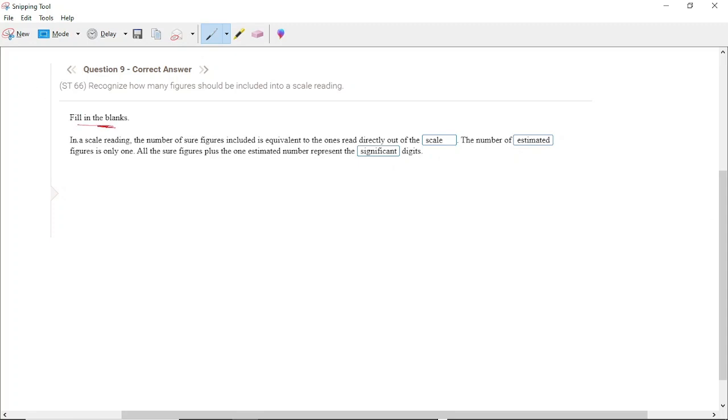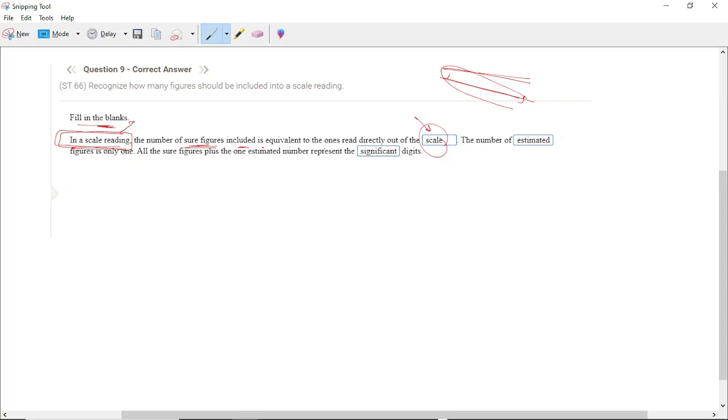Fill in the blank. In a scale reading, that means I'm using a scale like a ruler, the number of sure figures included is equivalent to the ones read directly from the scale. Say I have a rod here, and I have the ruler, and I'm getting the length of the rod from the scale.